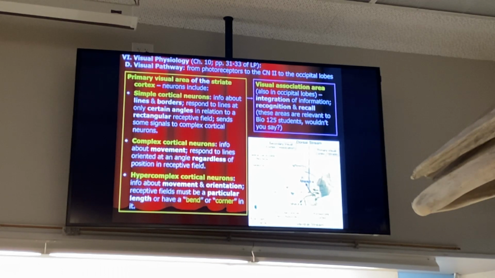Everybody look at me. The pink box is where active learning is going to make sense of the content. Like this, connecting the dots from the rod photochemistry to the visual pathway. Can you see it on the whiteboard?